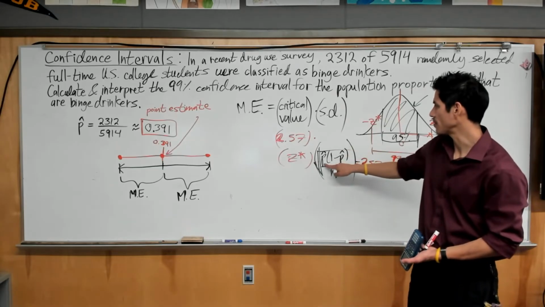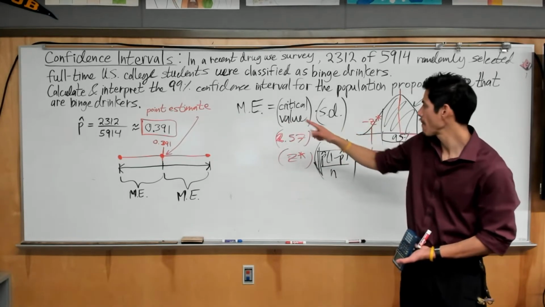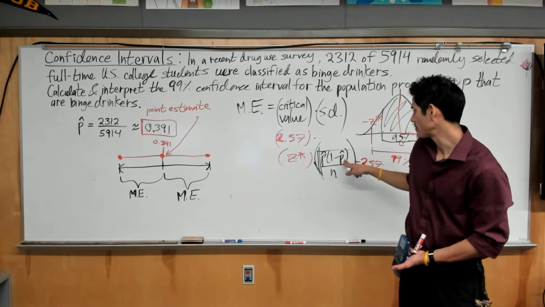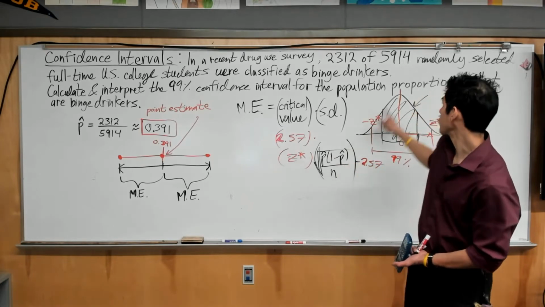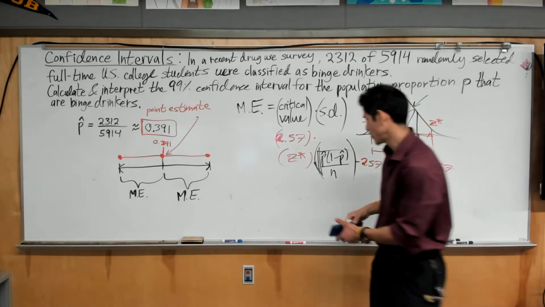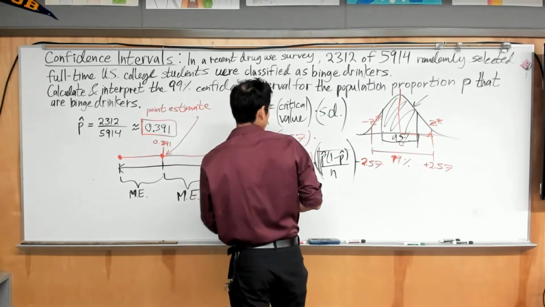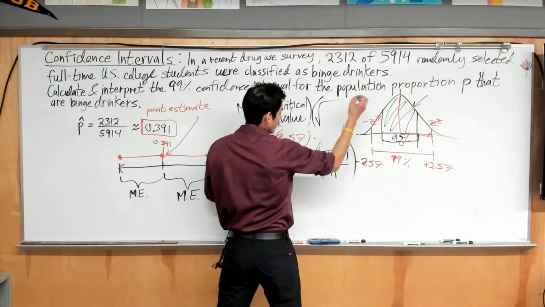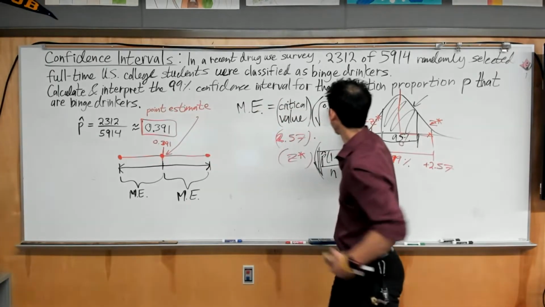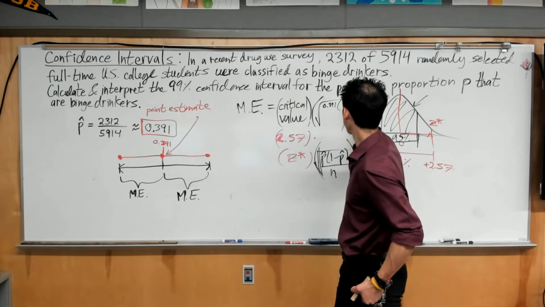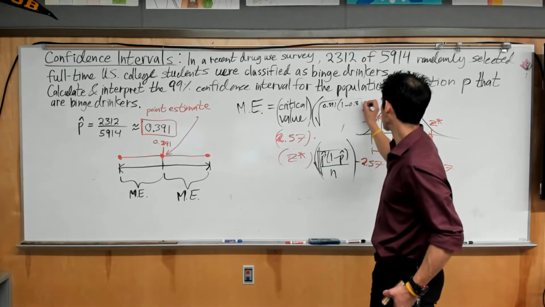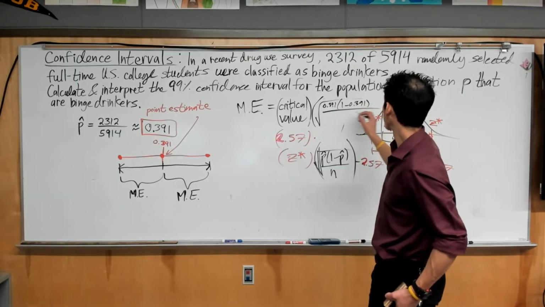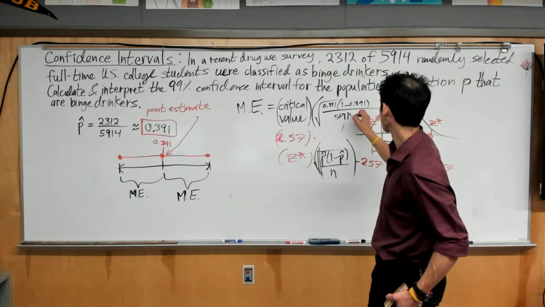In this case, our p hat is 0.391, 1 minus 0.391, divided by n, which is going to be 5,914. So just showing you the values explicitly: 0.391 times 1 minus 0.391 over 5,914, all square rooted.